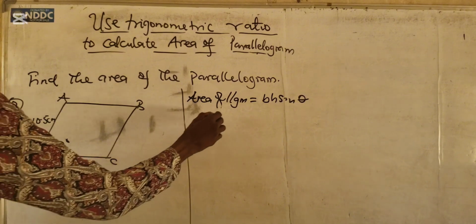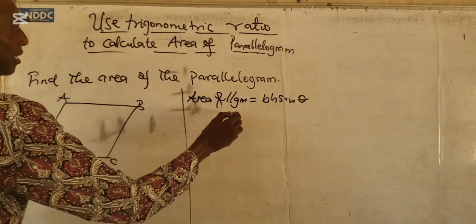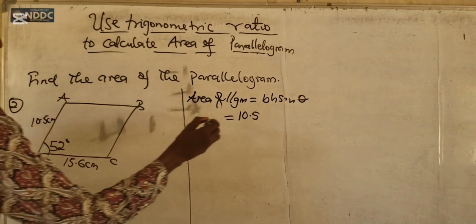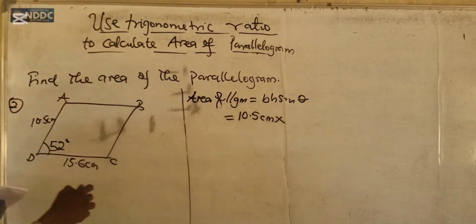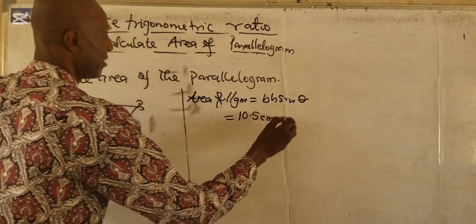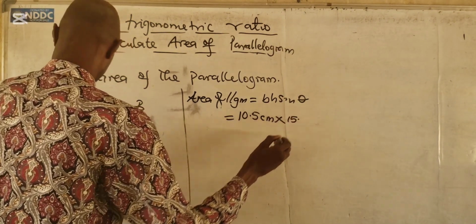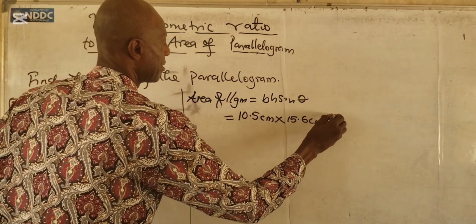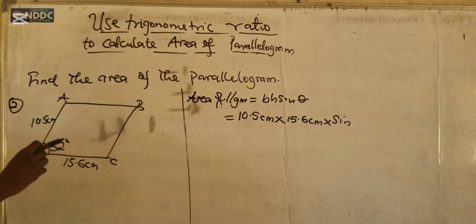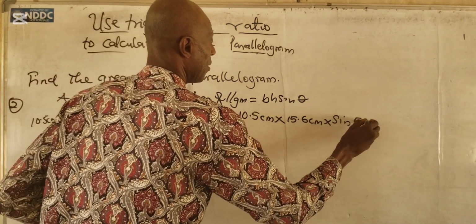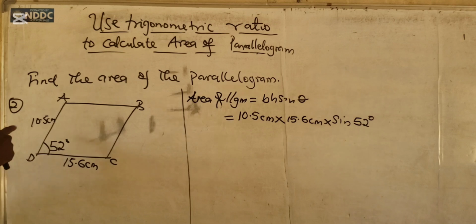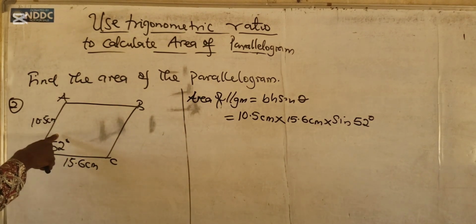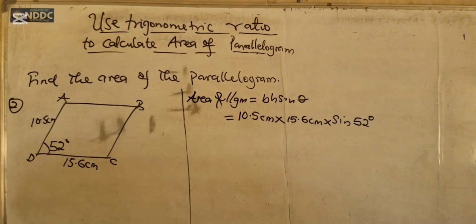I can take any one as my base, any one as my height, which is now 10.5 cm times 15.6 cm times sine, what's the angle? 52 degrees.